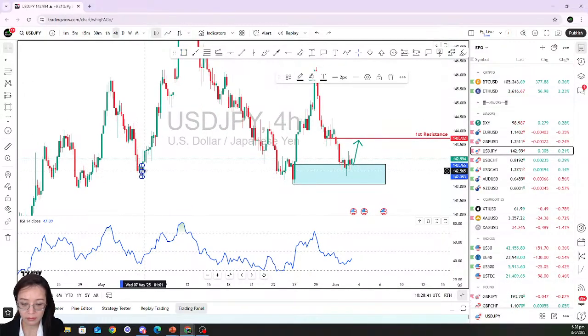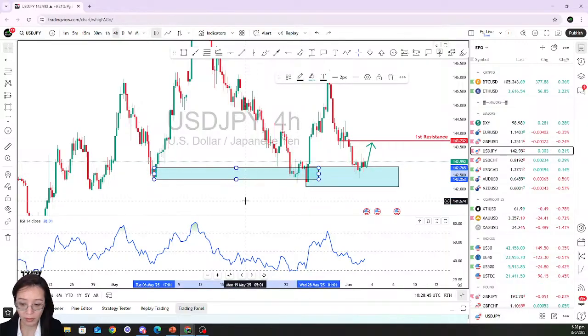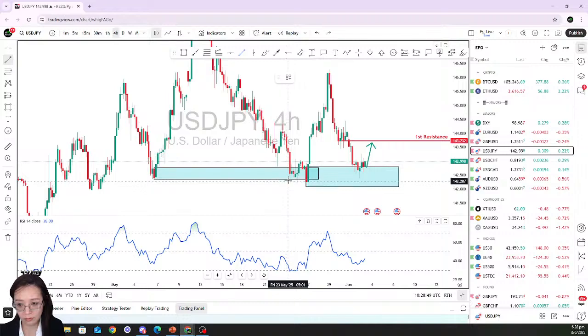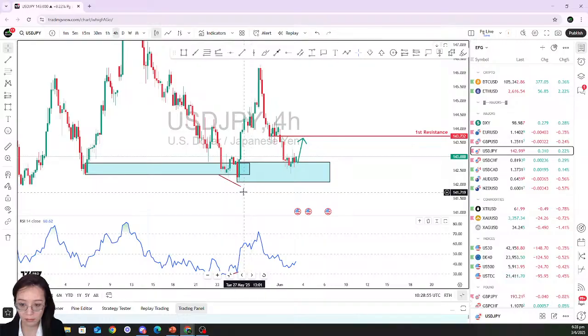Demand here has already gone right here, and price rose from this one because there is also a bullish divergence here. So this finished.